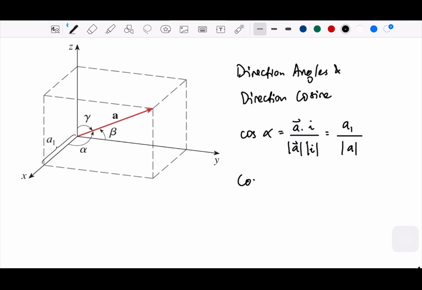With the same method we can get beta and also gamma.